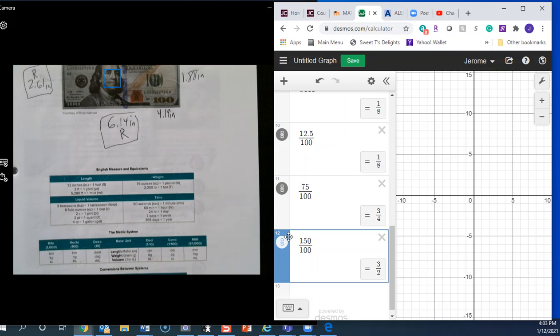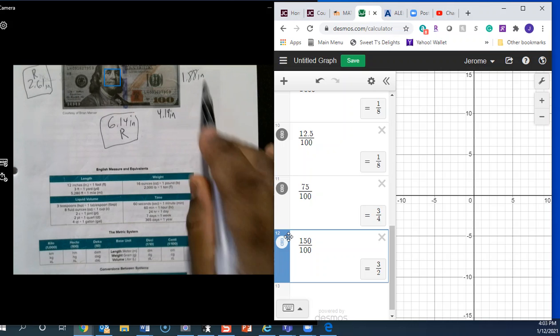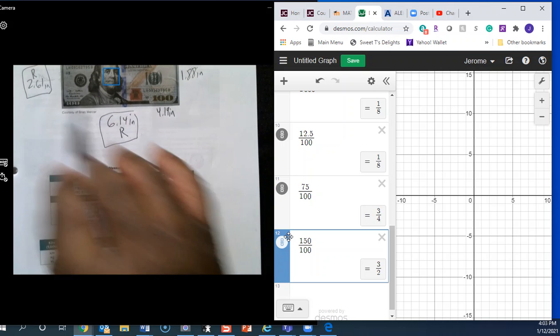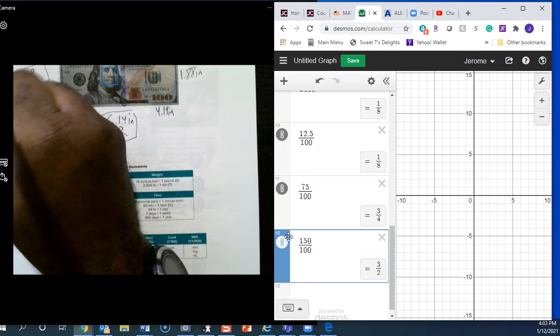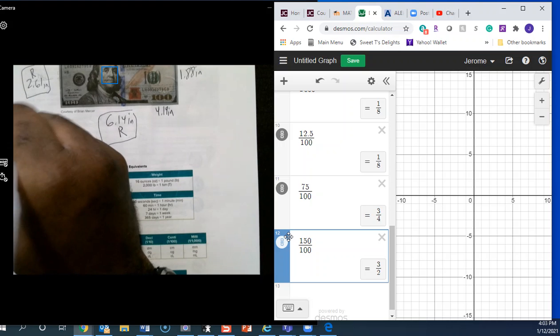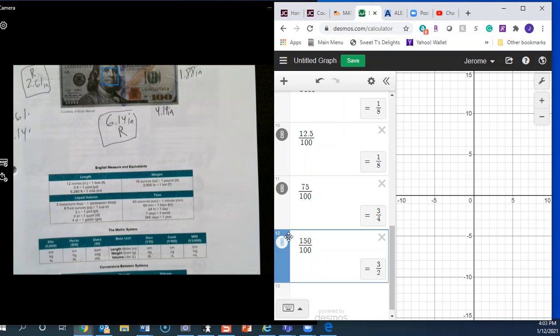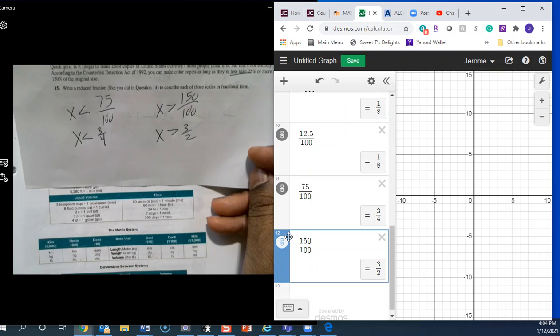So we only need to look at the less than 75%. So we would take each one of the real sides, the 2.61 and the 6.14, and multiply it by the scale factor we got on the other side, which is 3/4.